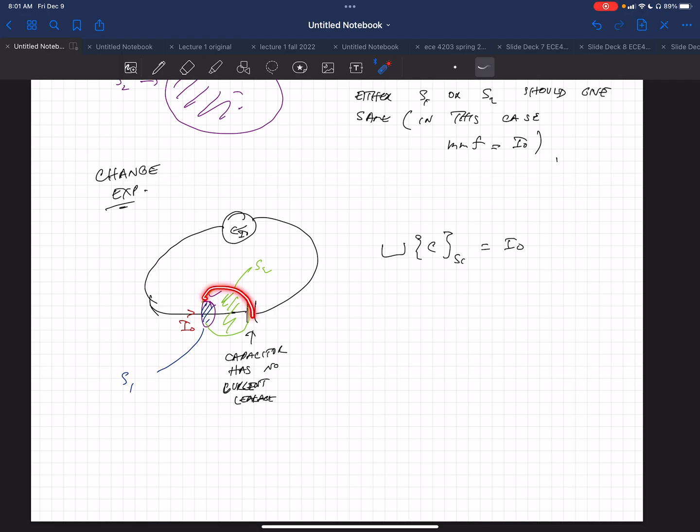But the problem is now, with this new setup, if we look at the surface S2, the MMF around S2 ends up being 0.